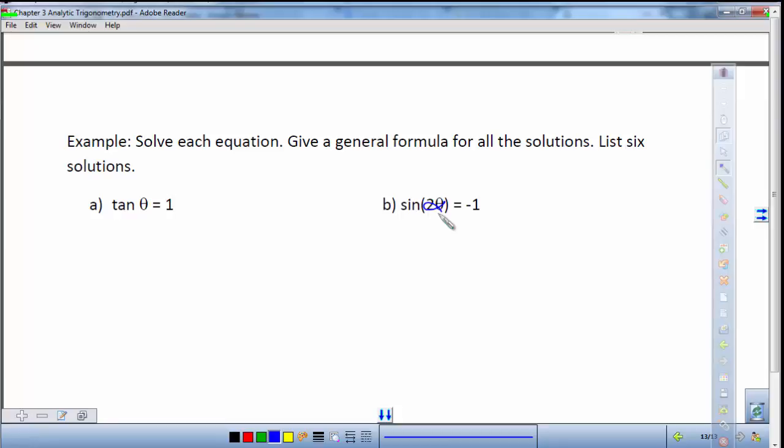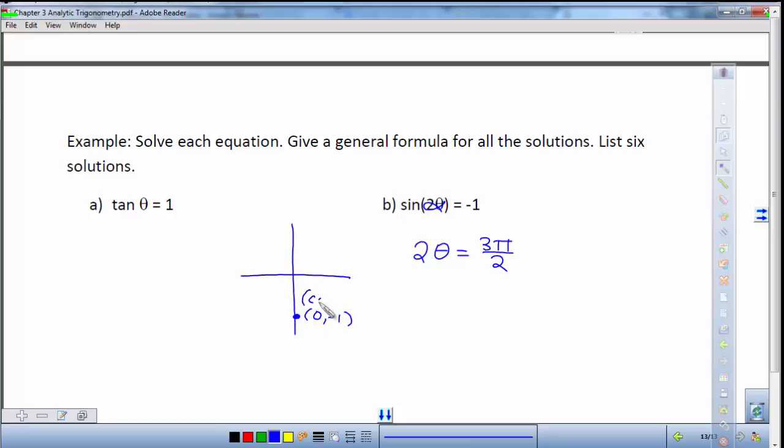Okay? So, but we're not really talking about alpha. We're talking about 2 theta. 2 theta equals 3 pi over 2. All right? Does everybody understand why we said that? Well, when you think about sine theta, at this point we have coordinates 0, -1.